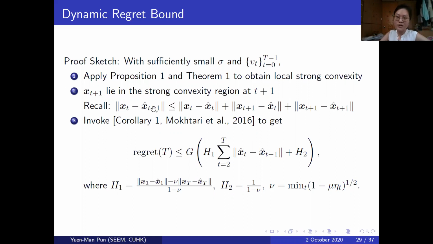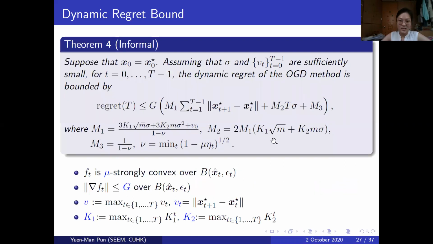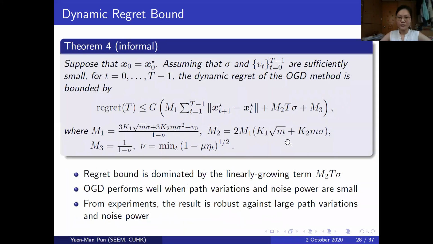We can upper bound this using the noise power and also the path variation. And then as long as xt lies in the strong convexity region at t plus 1, we can invoke the corollary in Mokhtari's paper, and we get the regret bound. That's why this regret bound holds. Okay.